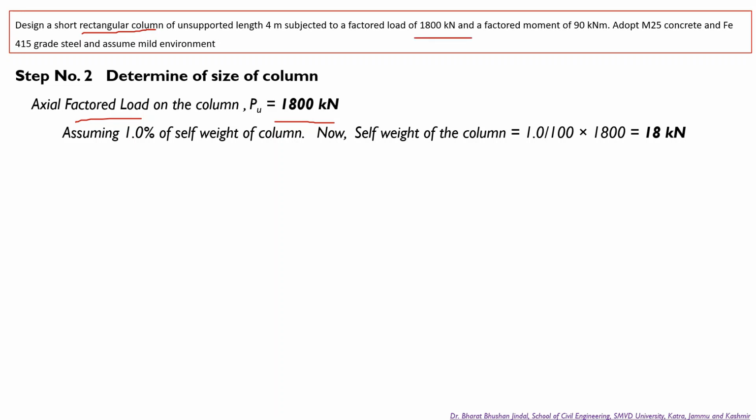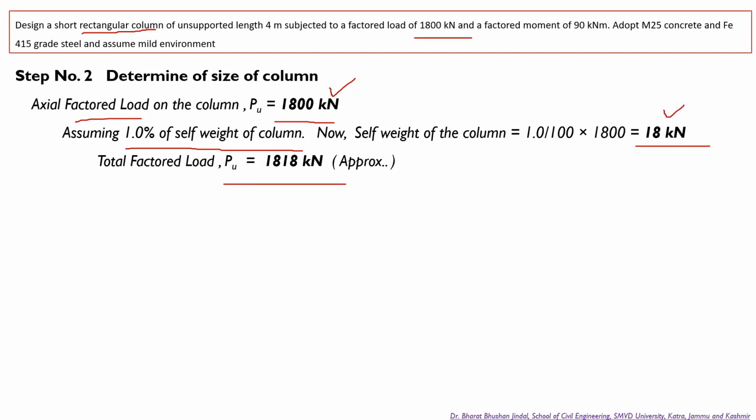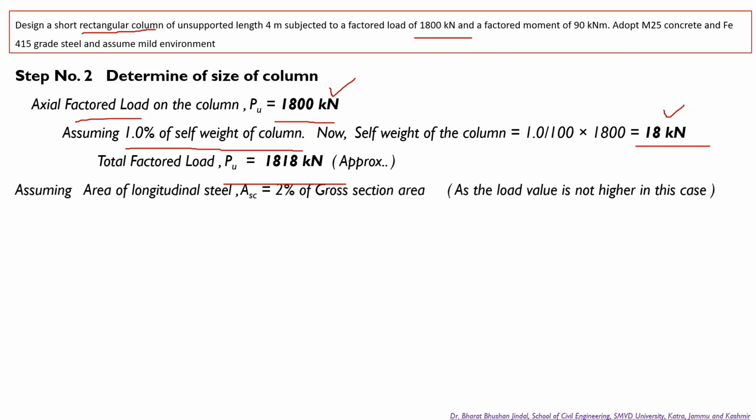Here we are assuming 1% of the axial load as the self weight of the column. So the self weight of the column comes out to be 18 kilonewton, and the total factored load will be 1800 plus 18, approximately 1818 kilonewton.